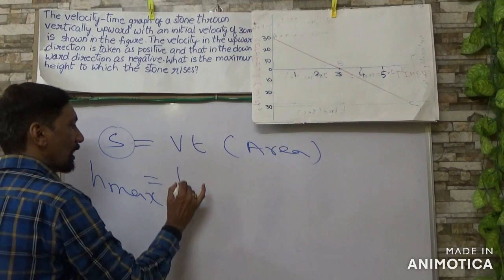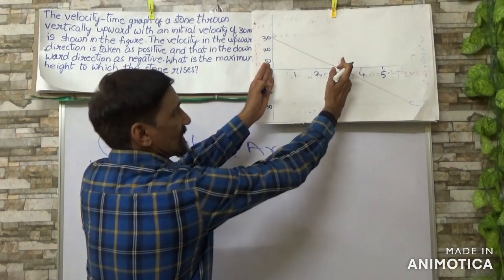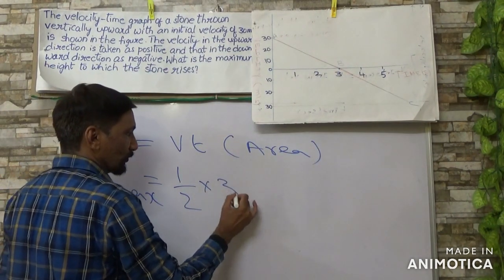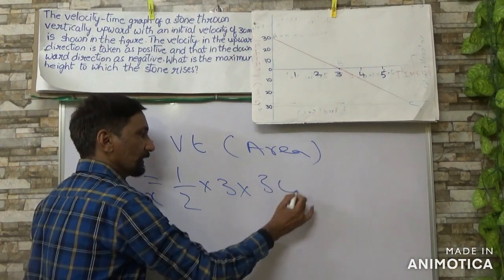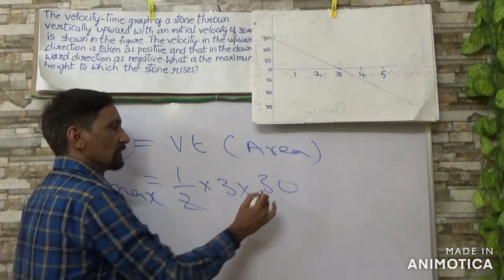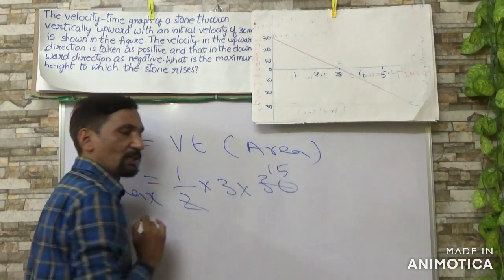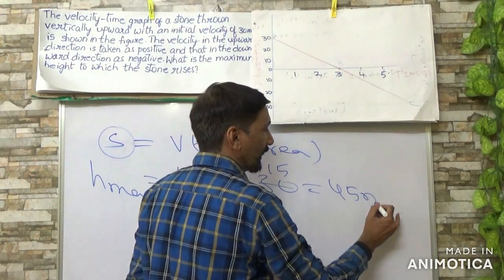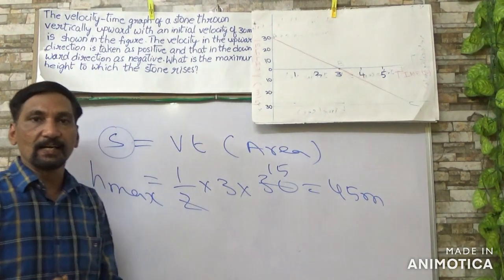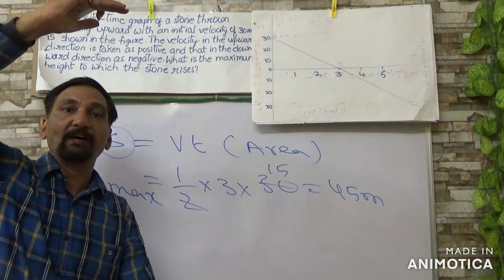So half, base 3 units, height 30, so 15 threes are 45. So 45 meters is the maximum height covered by it.